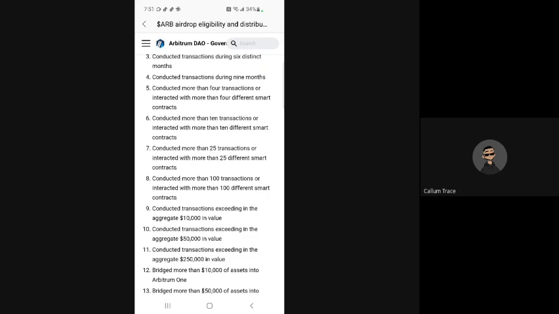Now, person B used the Arbitrum bridge, used Hyperlane, used Jumper, used Stargate. These are different DeFi protocols, and as a user of these protocols, this person transacted on the Arbitrum chain. Let's say he interacted with 20 different projects that support Arbitrum.